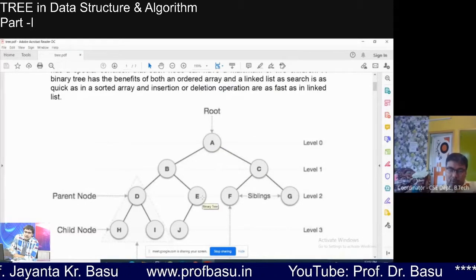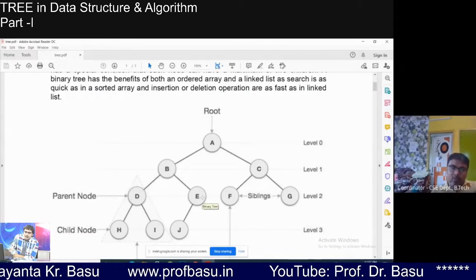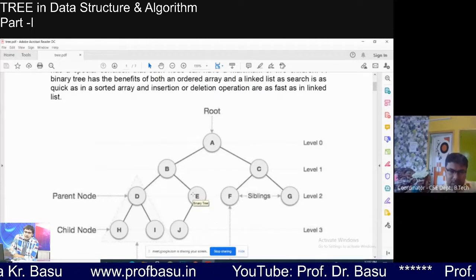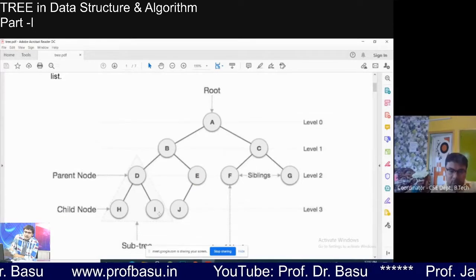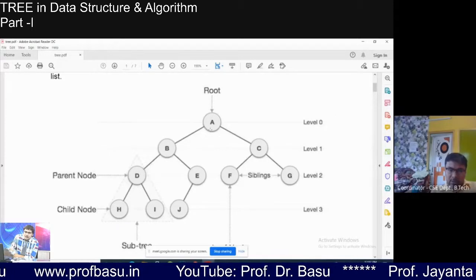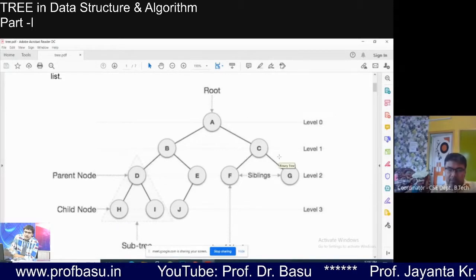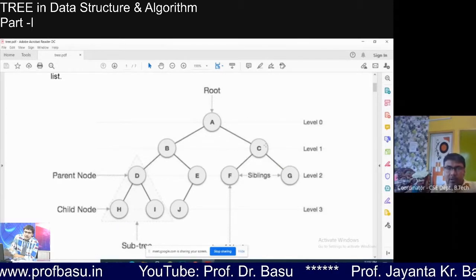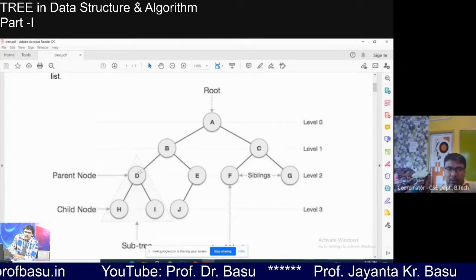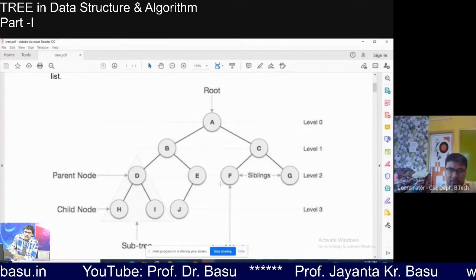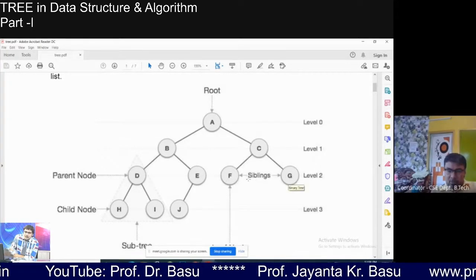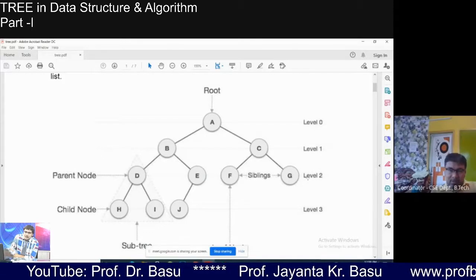Every node can have at most two nodes, not more. I told you maximum, it may have no nodes, no child. If I say that B and C are children of A, and the nodes at the same level are called siblings.